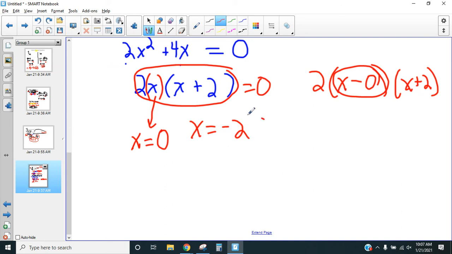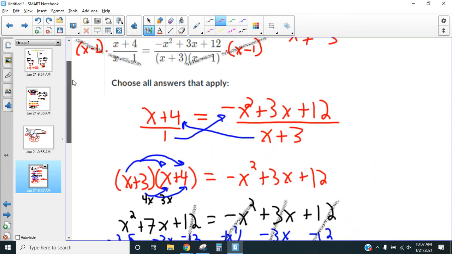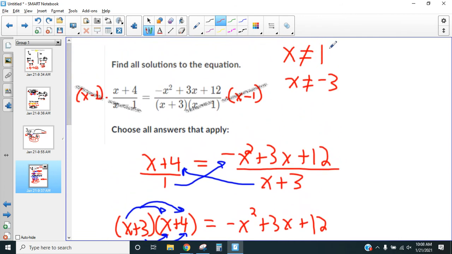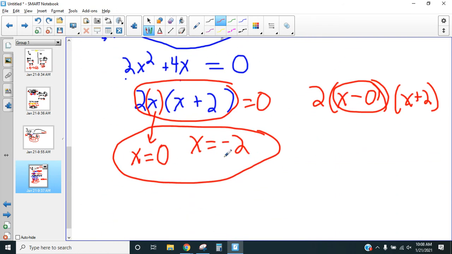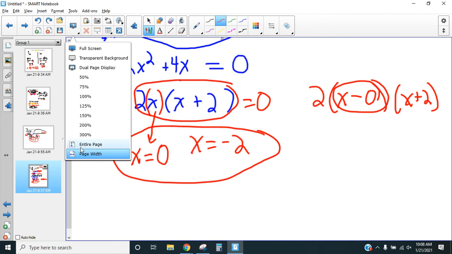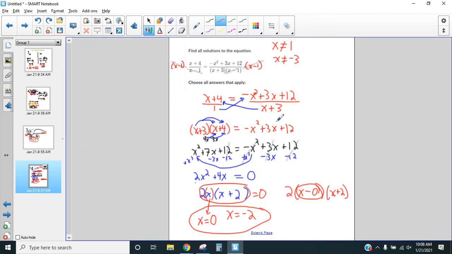Duh. All right. So we have two possible answers. Let's go back up to the top. These were the only things we identified, right? Okay. So that tells me that since neither of those are what we wrote at the beginning, then we have how many answers? 2, right?